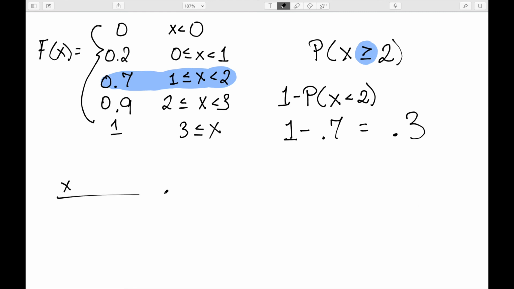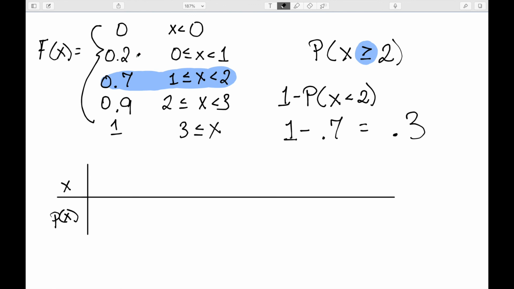I can also use this to figure out what my probability mass function is, what my PMF is. We're going to use these values here to figure out what the top row should be. So my cutoffs in my piecewise function are 0, 1, 2, and 3. Between 0 and 1, I get 0.2, so that would be my first value. For 1, 0.2 plus that value is equal to 0.7.